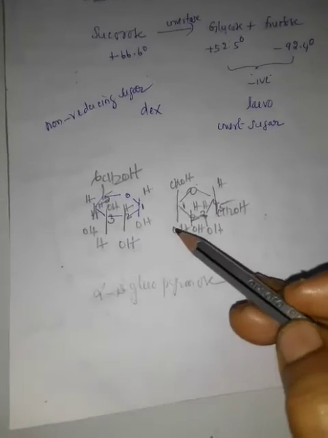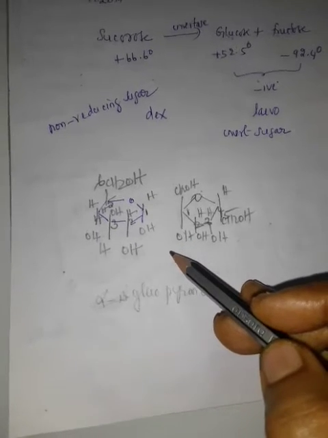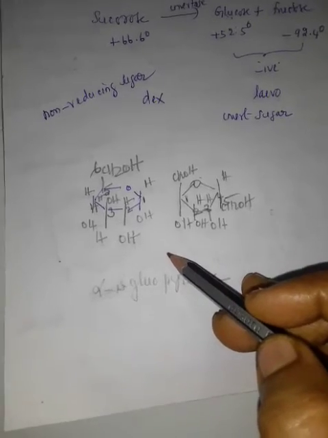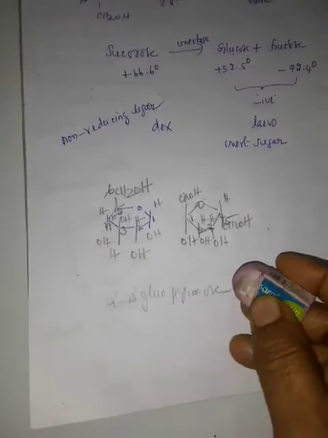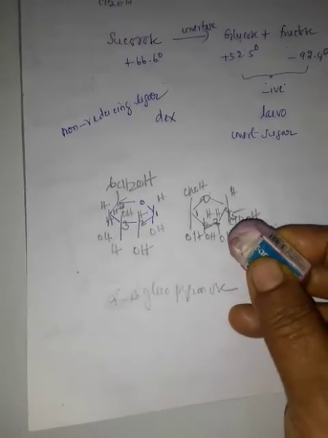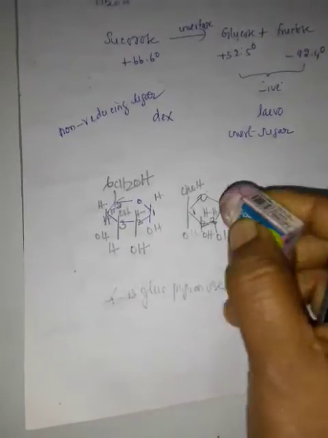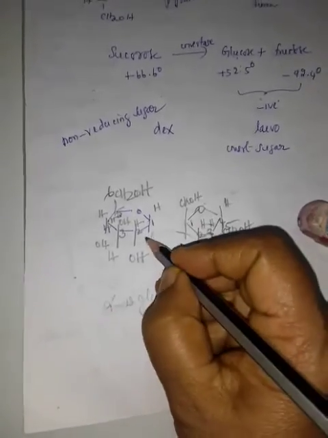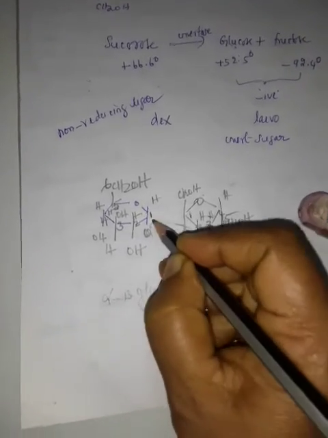Now here one water molecule is removed, HOH, the water molecule is removed. So now I will rub. So now only one O is there, a bond is formed.